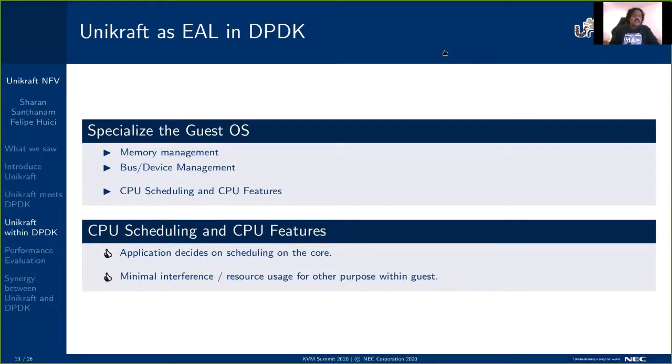And finally, for scheduling, Unikraft gives you the ability to run an application such that an application can hog the CPU cycles until it yields to another thread. So Unikraft uses a cooperative scheduler, and an application can run a task with minimal interference from the Unikernel.